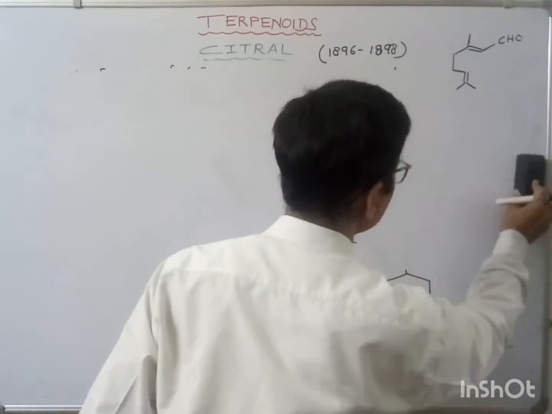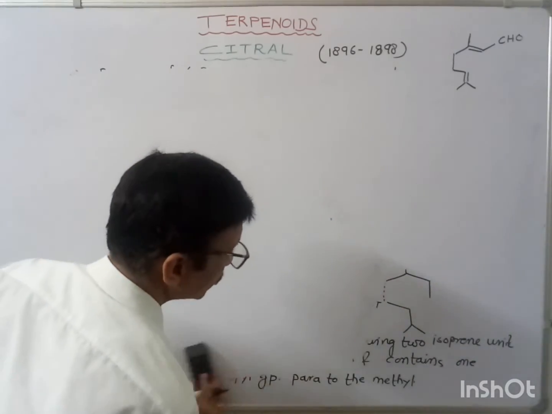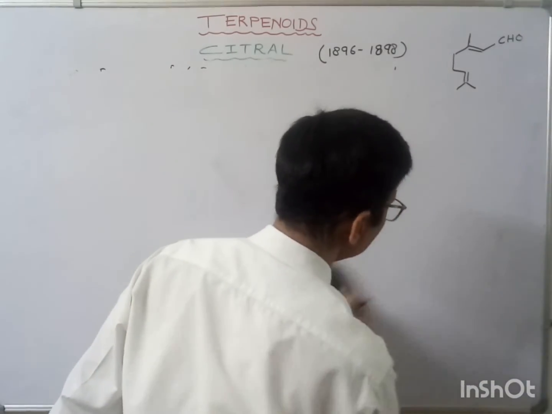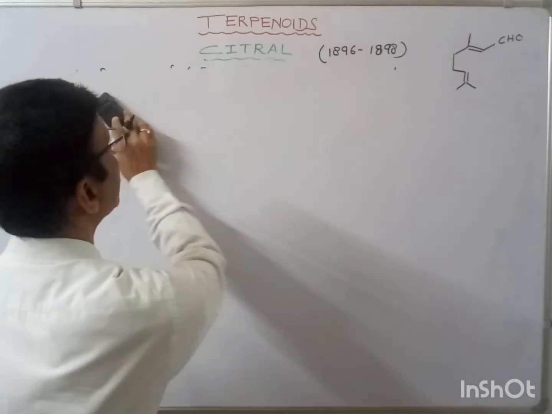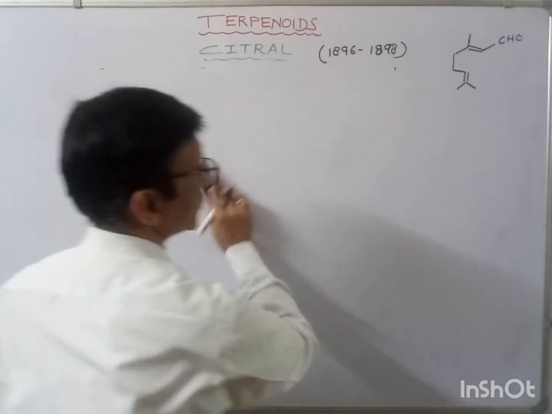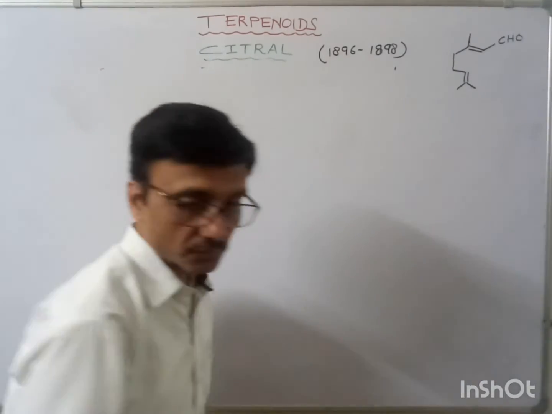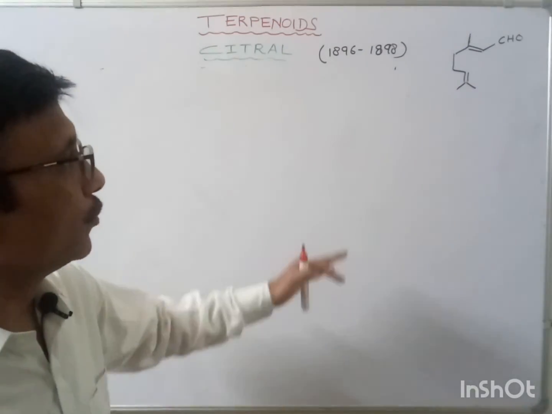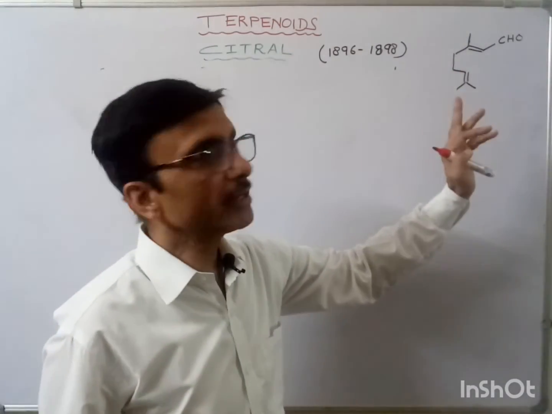Already we have proved that two double bonds are present, and one aldehyde group is present. So now let's see what the position of these two double bonds and the aldehyde group should be.